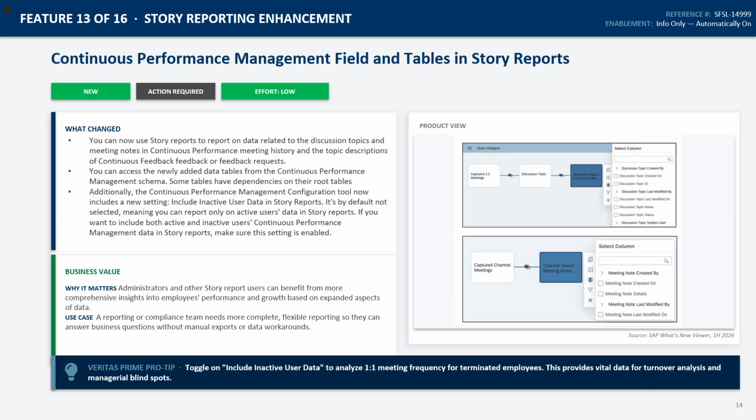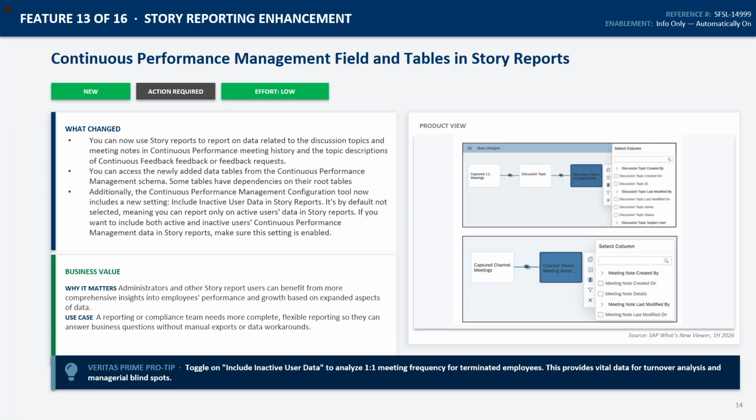Next, we're going to see some enhancements made to the continuous performance management reporting abilities within report stories. So now you can report on discussion topics and meeting notes from continuous performance, as well as the ability to do that for both active and inactive employees.